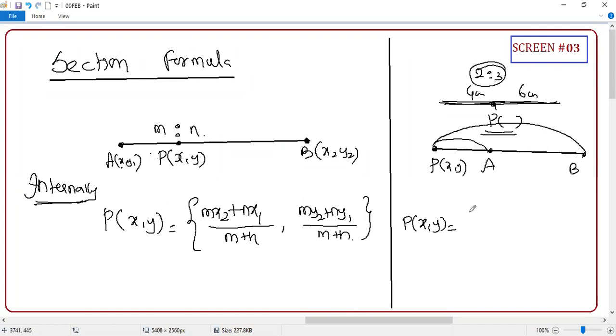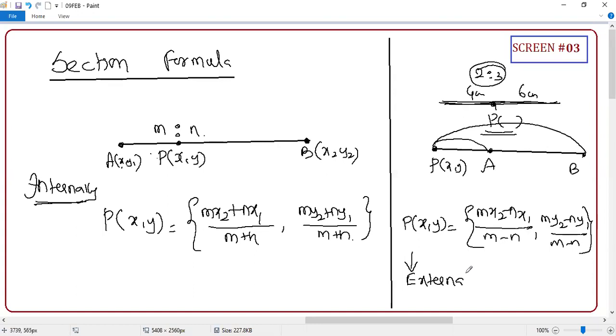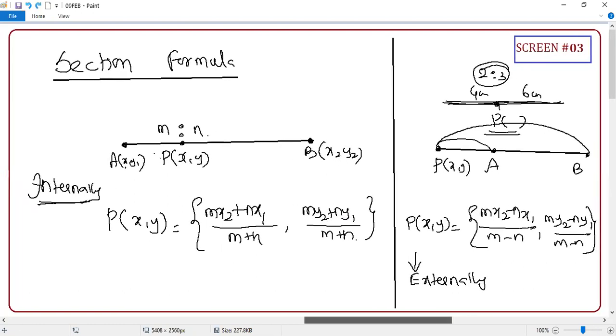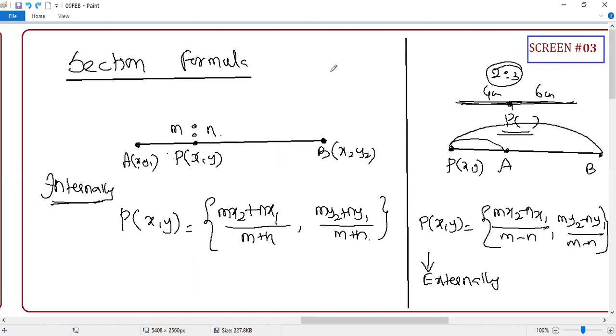So P of x comma y, all 4 plus signs changed to minus: mx2 minus nx1 upon m minus n, my2 minus ny1 upon m minus n. So this is called externally. Okay. So if you know one formula, you can answer this easily. Clear or not? Everyone? Clear or not? Yes, now say yes or no.